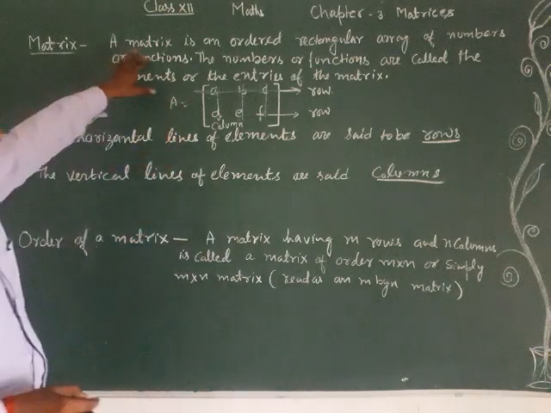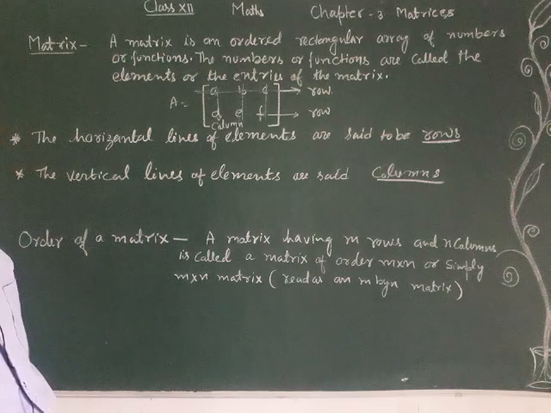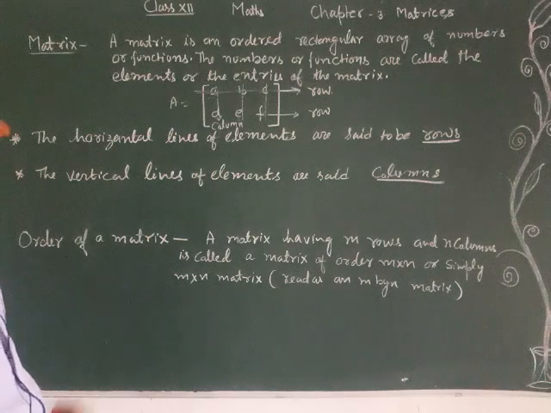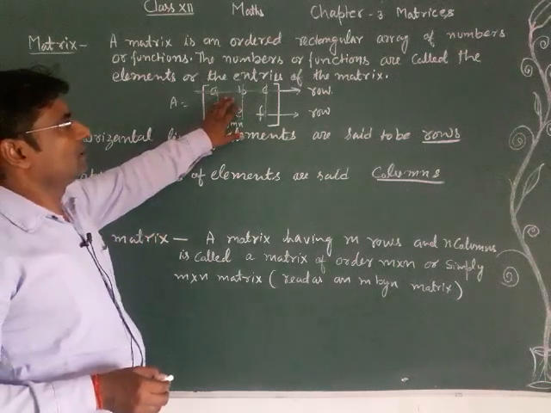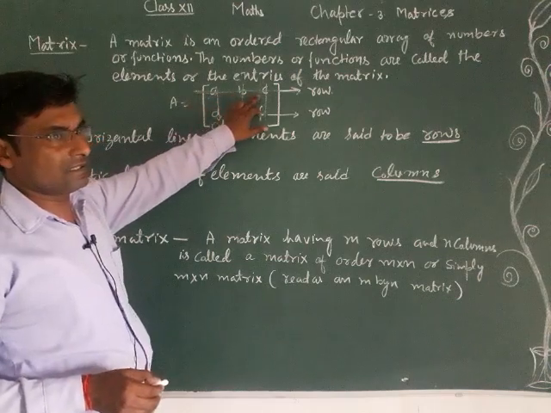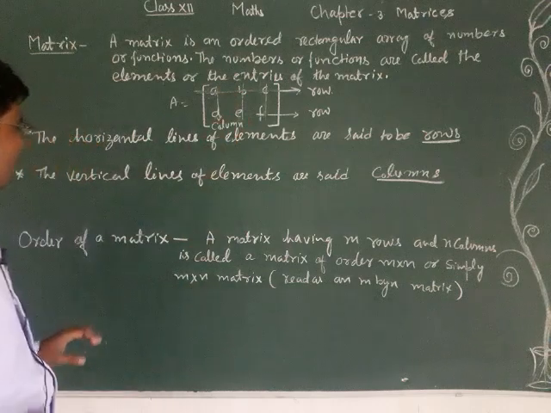So a matrix is an ordered rectangular array of numbers, and these entries are called elements.